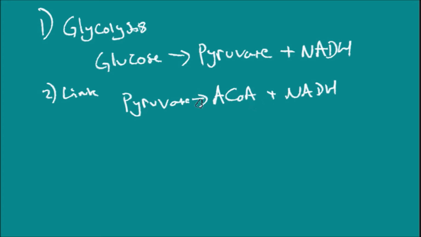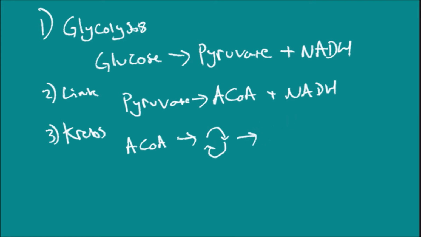That just obviously, that's all that matters. Third, we have the Krebs cycle, and that is the acetyl coenzyme A goes into the cycle, and out of that cycle comes 3 molecules of NADH and a molecule of FADH2.